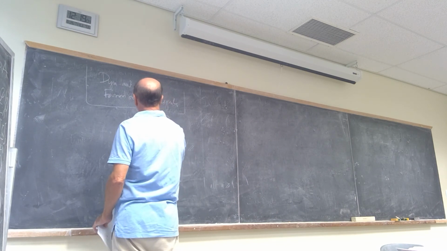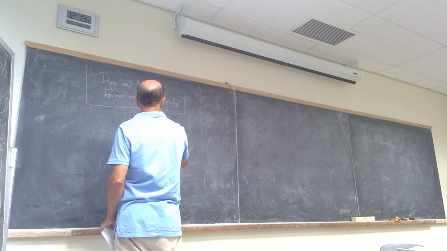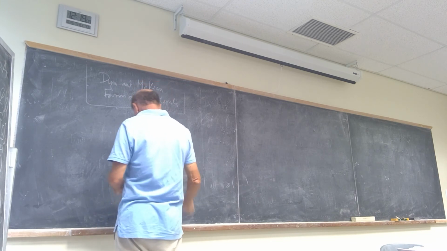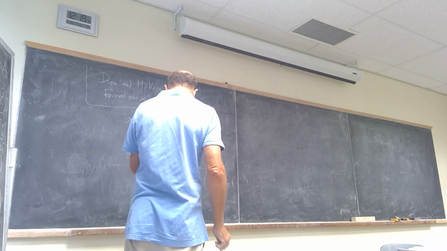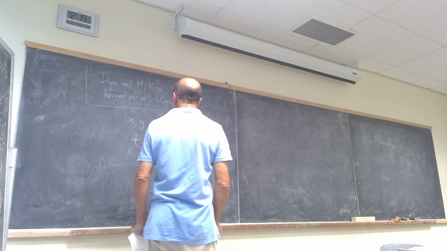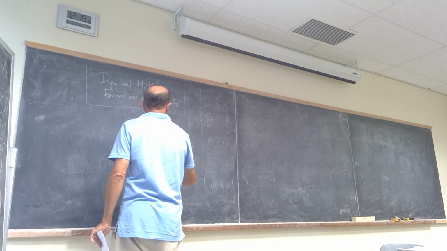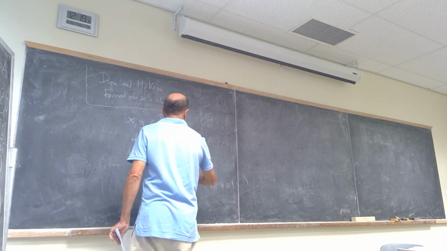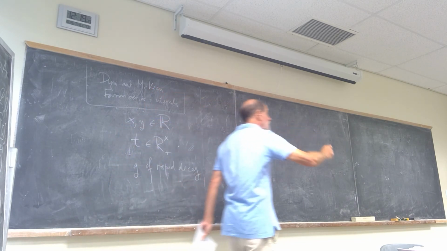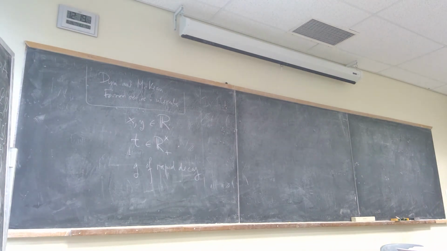Okay, so we're gonna fix two real numbers, x and y, and we're gonna fix a positive real number t. Okay, and we're gonna take a function g of rapid decay. An example will be this function here, or you might multiply it by a polynomial.